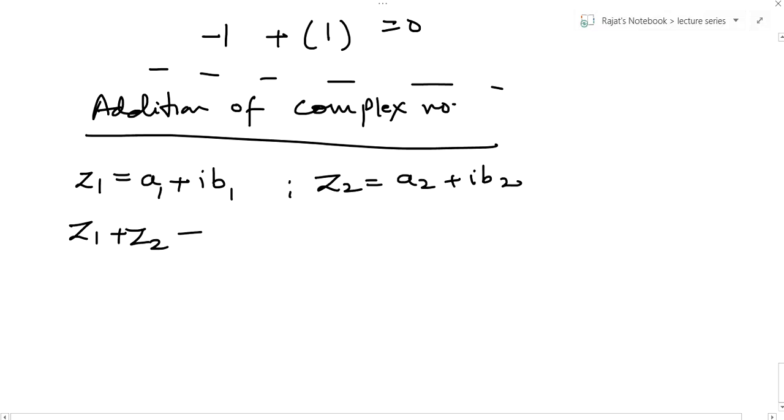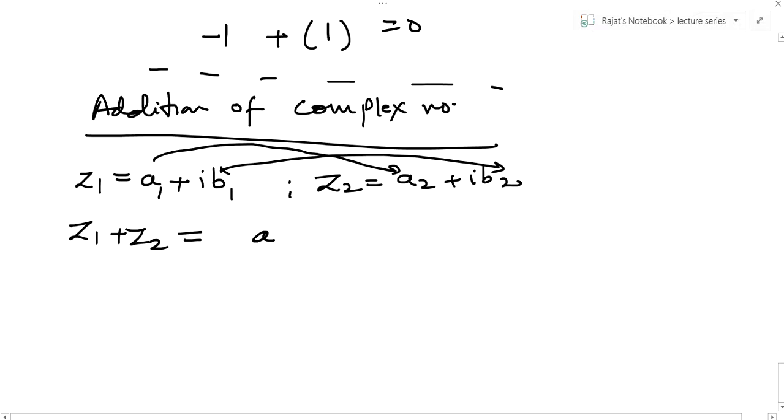So z1 plus z2 will be, if you remember vectors, in vectors the x component is always added with the x component, and the y component is added with the other component. Similar to vectors, in complex numbers also the real part is added to the real part and the imaginary part is added to the imaginary part.